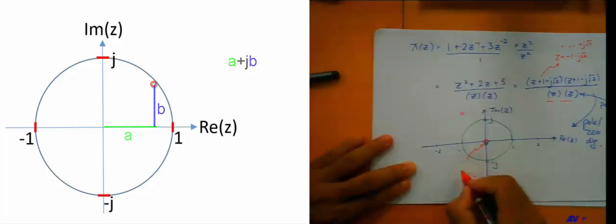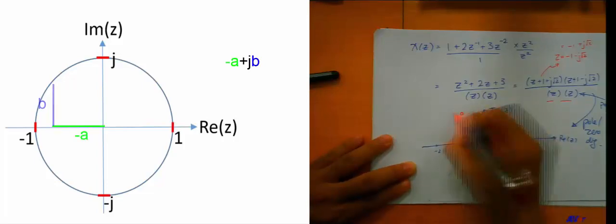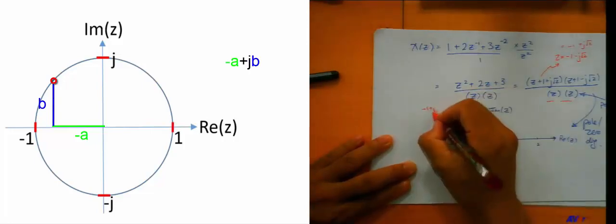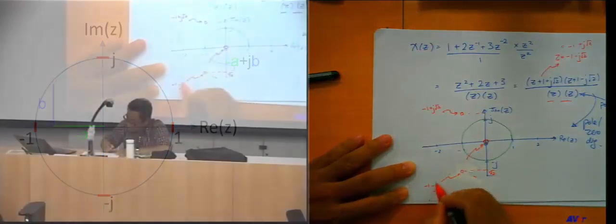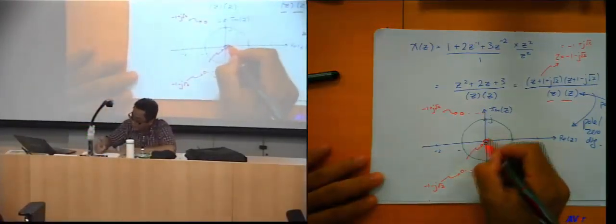Minus 1, root 2 minus. So this is minus 1 plus j root 2, right? This guy is minus 1 minus j root 2. The pole, I drew it wrongly, guys. I should have drawn it as an x.